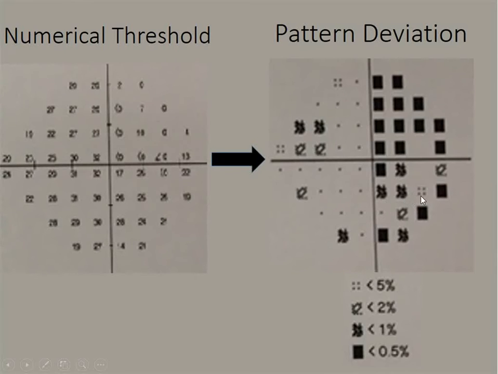But these sorts of points here are considered statistically abnormal. And what differentiates them is the confidence that the machine has about how abnormal they are, from a p-value that's significant at below 5% to a p-value that's highly significant at below 0.5%.